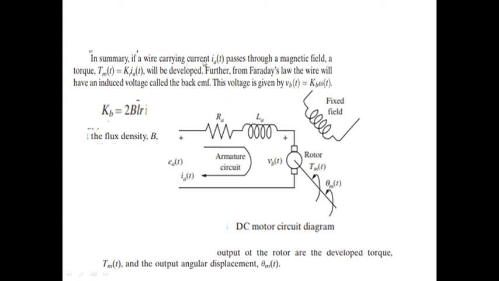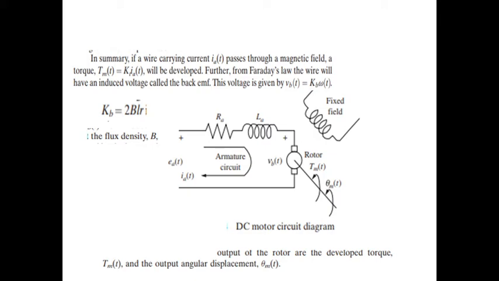If a wire carrying a current i_a passes through a magnetic field, a torque will be developed. See, listen here, there are two outputs of the motor, correct? What do we require from the motor? We require torque and we require speed from the motor, correct?